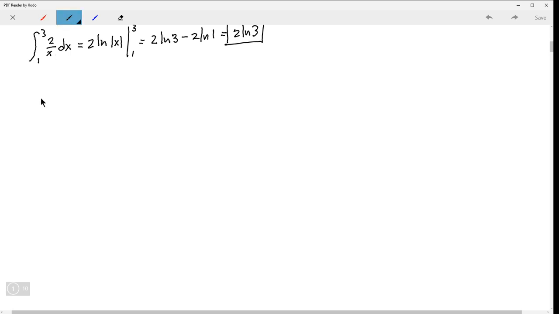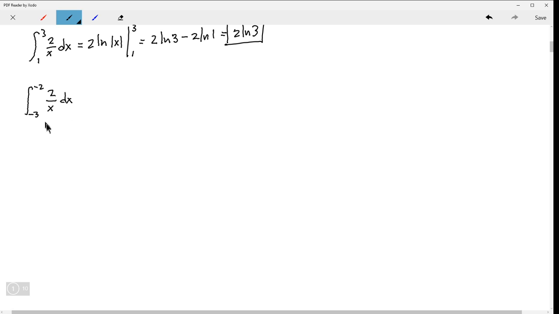Notice my bounds here were positive, so it wasn't an issue. I could have this, let's say, go from -3 to -2 of 2 over x dx.